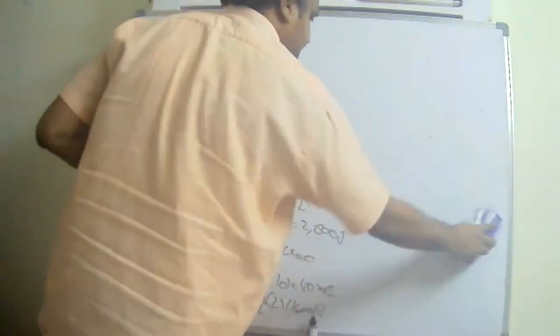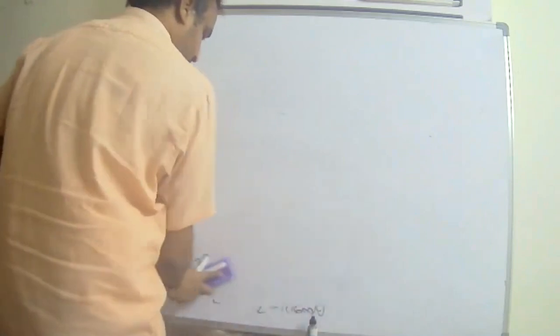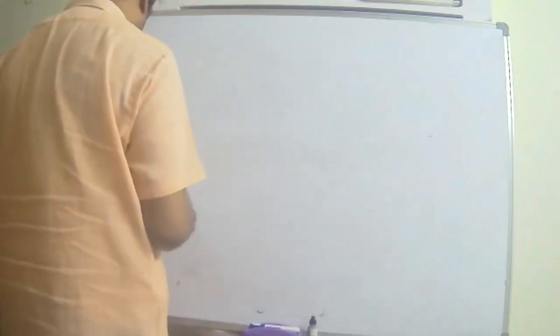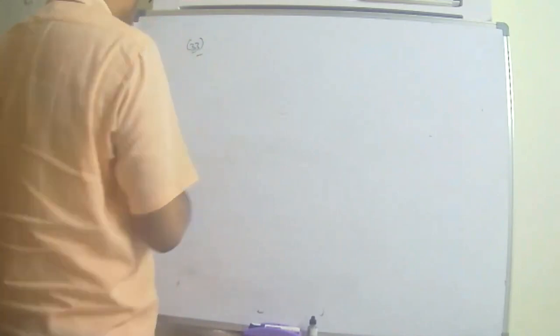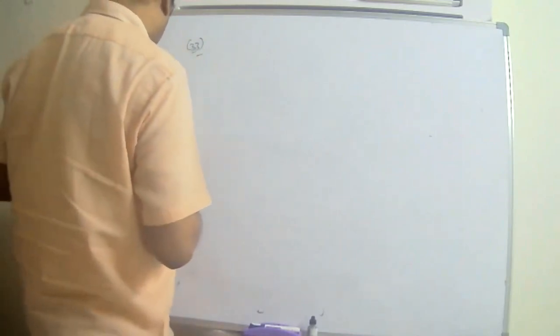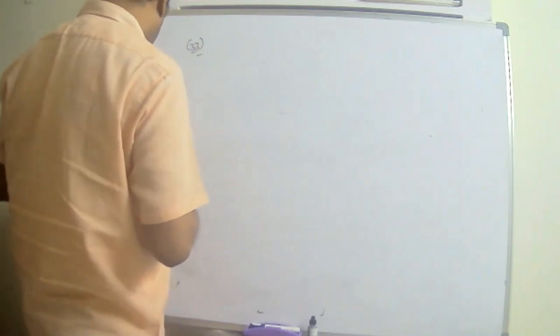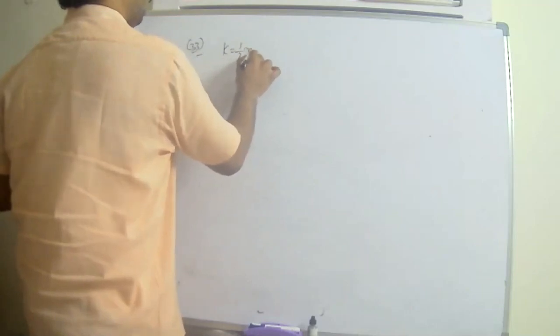Next, momentum and kinetic energy. A body of mass m is moving in a straight line at constant speed v. Its kinetic energy is K, magnitude of momentum is p. Which of the following relations holds good? So kinetic energy is equal to half mv square.